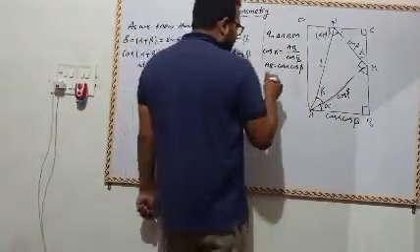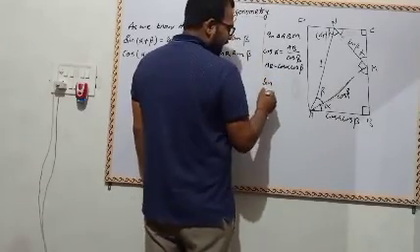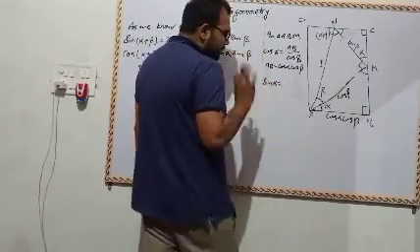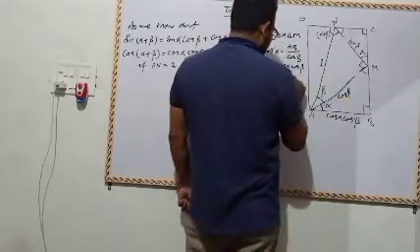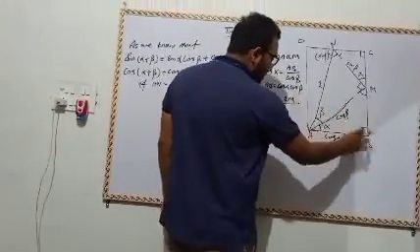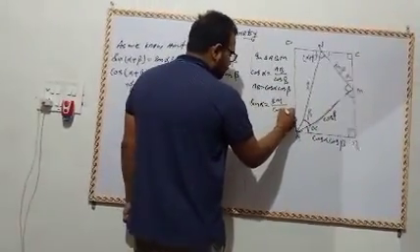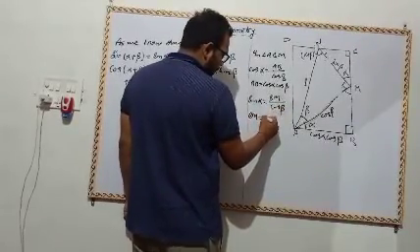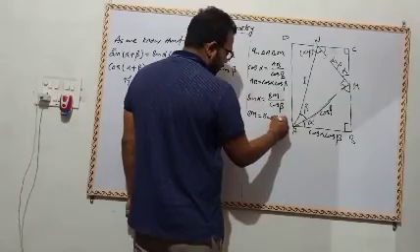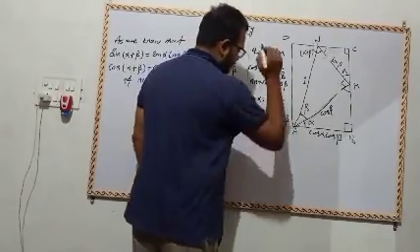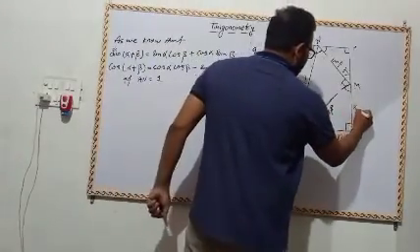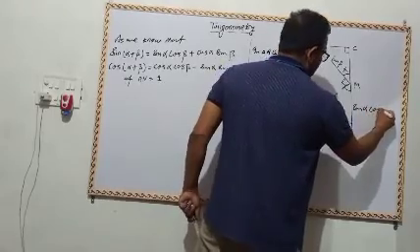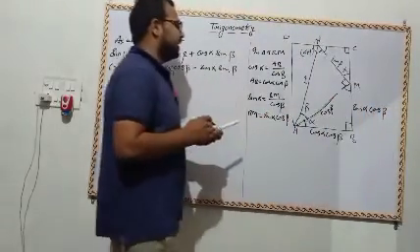Now I will take sin alpha. Sin alpha means perpendicular BM by hypotenuse cos beta. So we get BM equal to sin alpha cos beta.